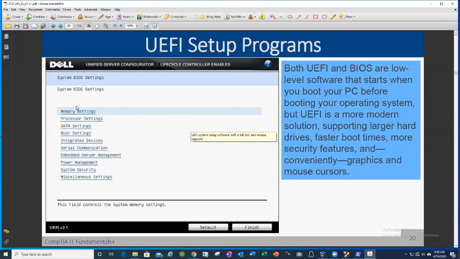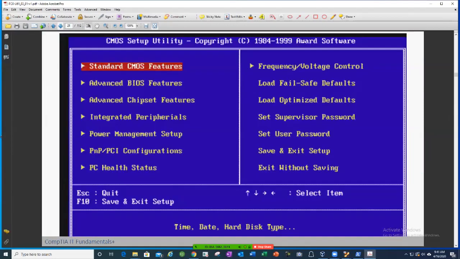This UEFI is just a modern version. It supports larger hard drives. It's faster. It has more security features, and you can use graphics to move the mouse and stuff like that. So this is very convenient. I like this kind of setup.